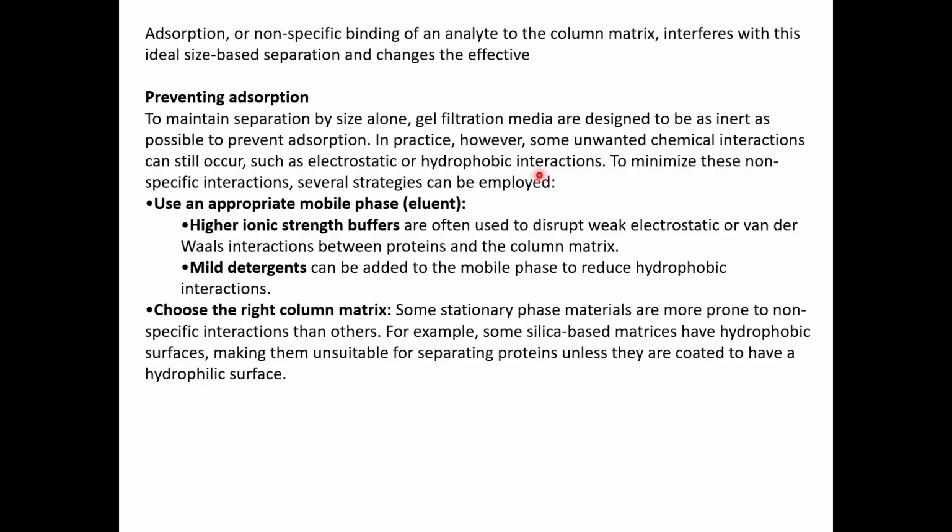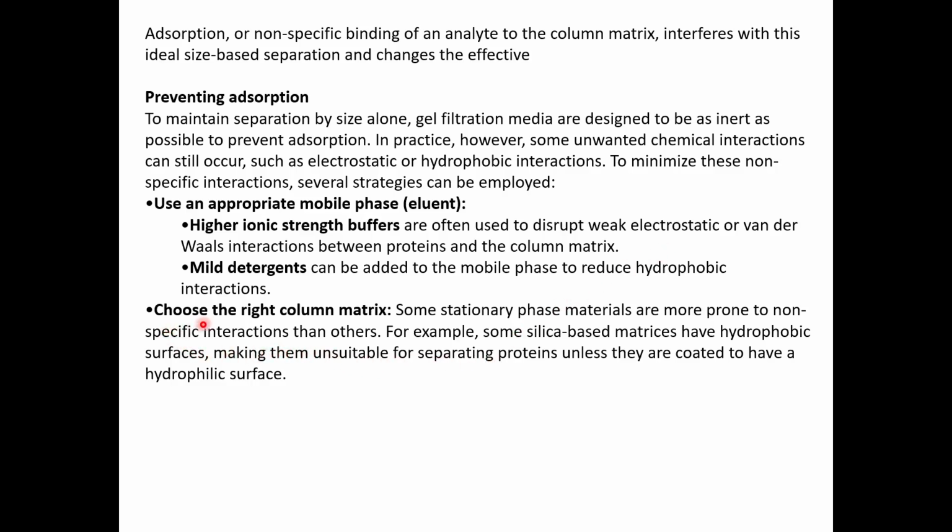To minimize these, there are several strategies that can be employed. Use an appropriate mobile phase, that is your eluent. Higher ionic strength buffers are often used to disrupt weak electrostatic or van der Waals interactions between proteins and the column matrix. And mild detergents can be added to the mobile phase to reduce hydrophobic interactions.